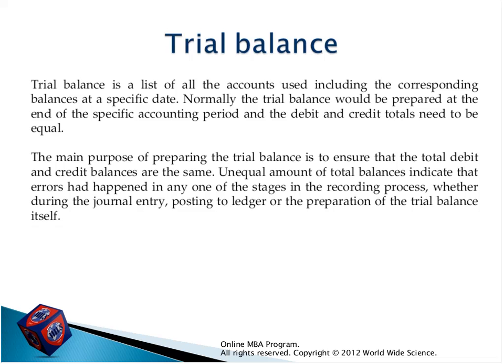which means assets equal liabilities and capital. So the main purpose of preparing the trial balance is to ensure that total debits and credits are the same. The main purpose of the trial balance is to check that you have recorded all your transactions in the correct way. So an unequal total indicates that we have some errors during our recording.